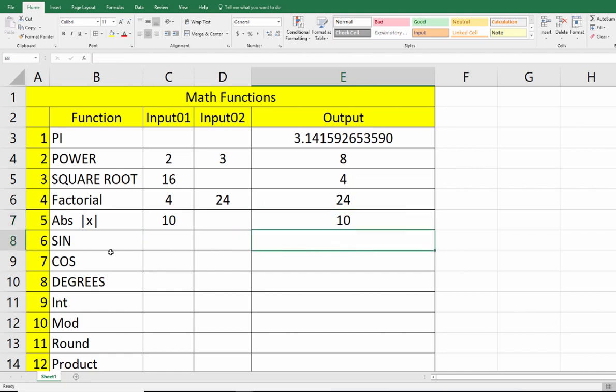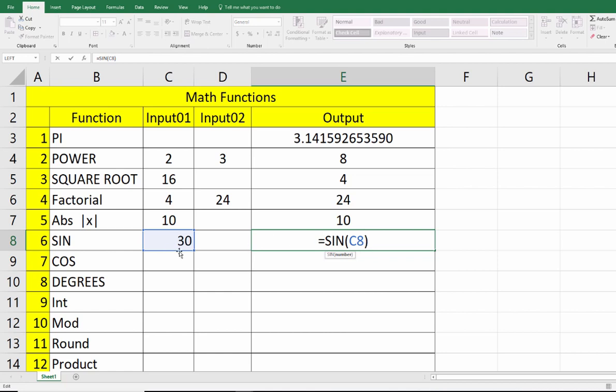Let's continue with the sinus. I'm going to write there sinus, okay, and select a number and press enter. Let's say I'm going to write there 30. It should tell me 0.5, but it doesn't tell me the value because we took directly the number 30, but trigonometric functions use radians.